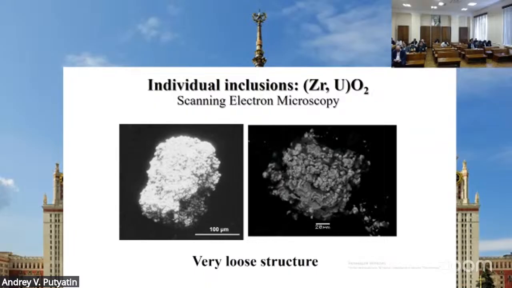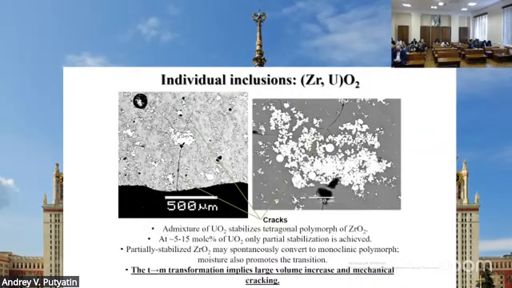But what is important, if you look at these zirconia-based particles and you just slightly press them mechanically, they start to decompose, to fragment. And if you look at these inclusions inside the lava, you can very often see cracks around them. And why are these cracks forming?